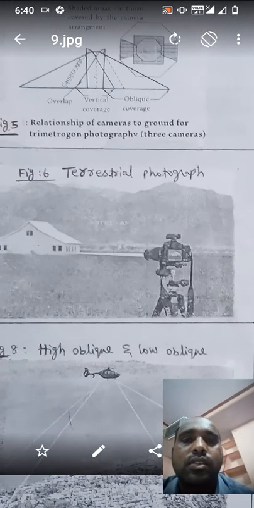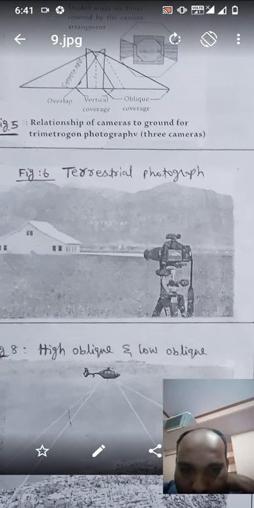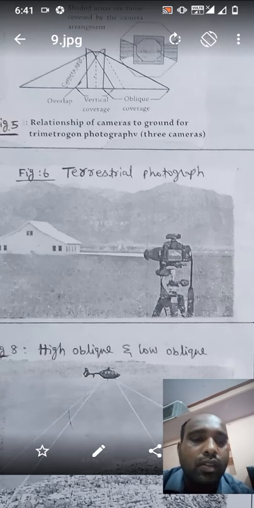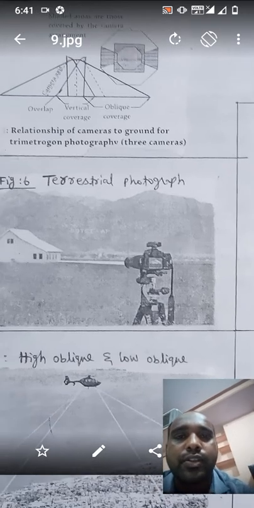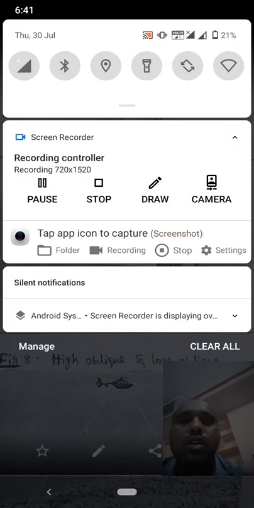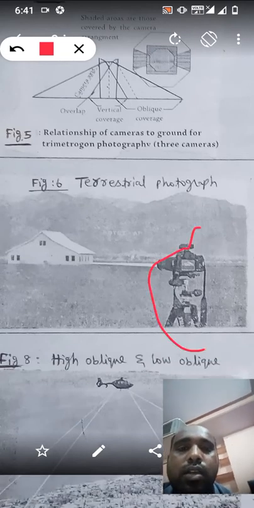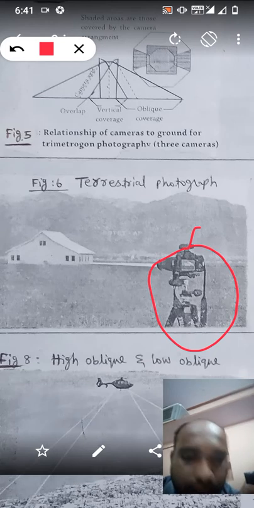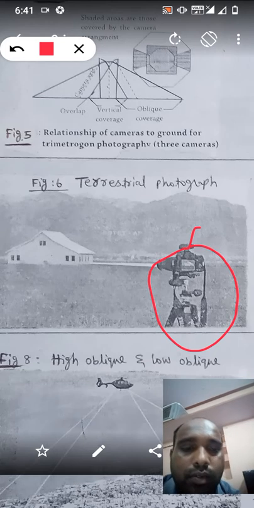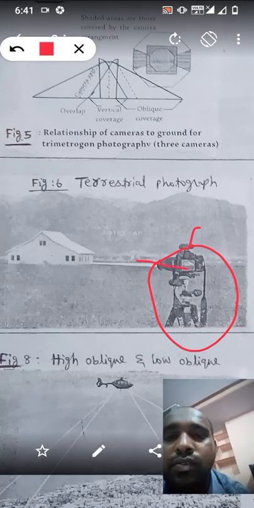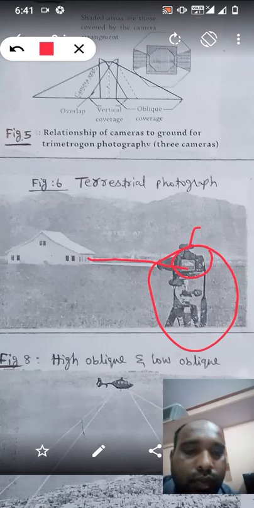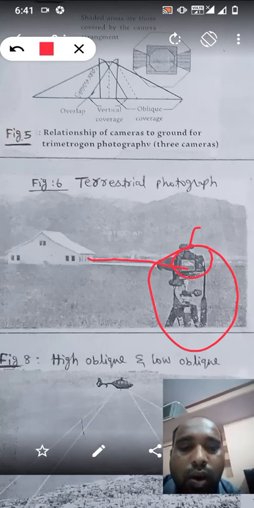So the topic is terrestrial photograph. The photographs are taken with the photo theodolite from a camera station on the ground, keeping the axis of the camera horizontal. We are fixing the camera on the theodolite, keeping it horizontal or nearly horizontal.